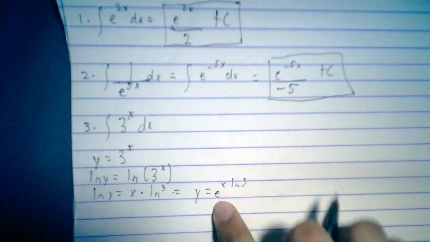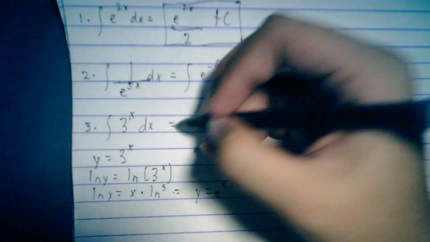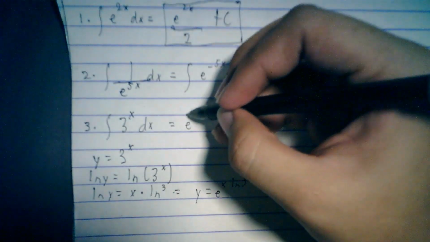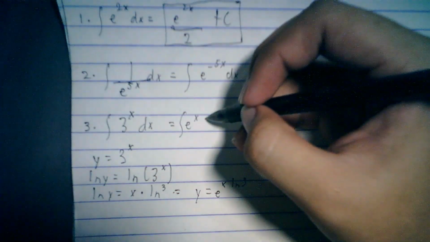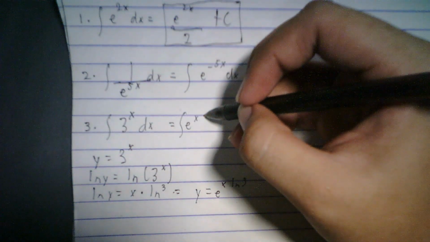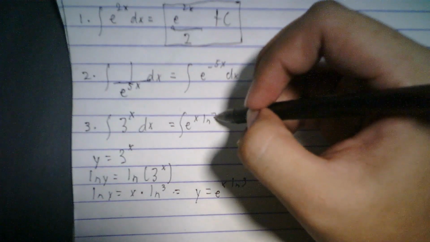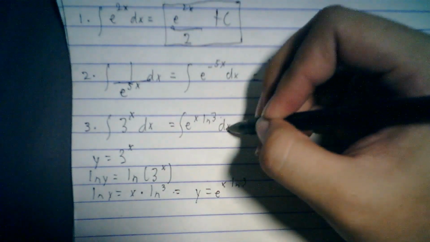So we have here our new value. So we're gonna rewrite this to this. So it becomes the integral of e raised to x ln of 3 dx.